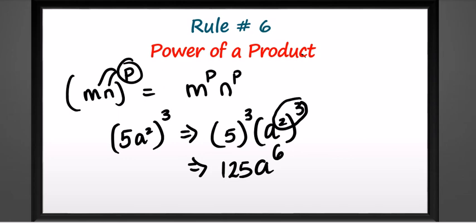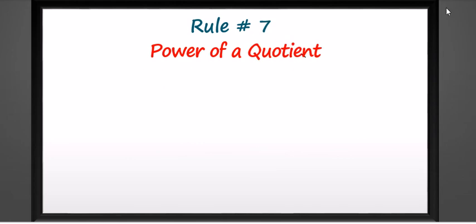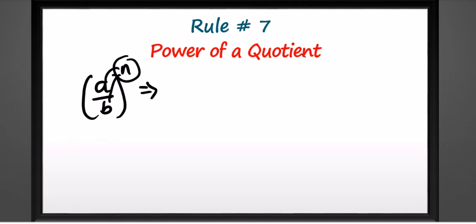The last law left is called the power of a quotient. Let's say you have something written as a over b to the power n. This power belongs to both numbers inside the fraction. That basically means a to the power n divided by b to the power n. I'll do one example here.